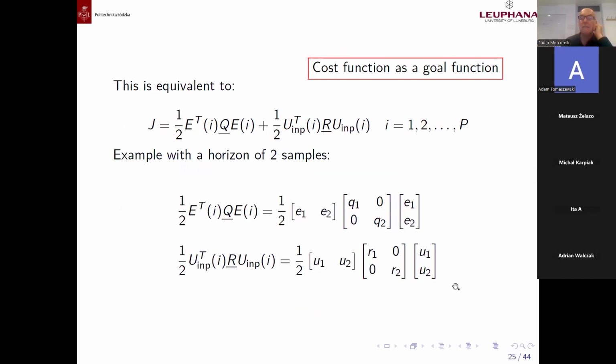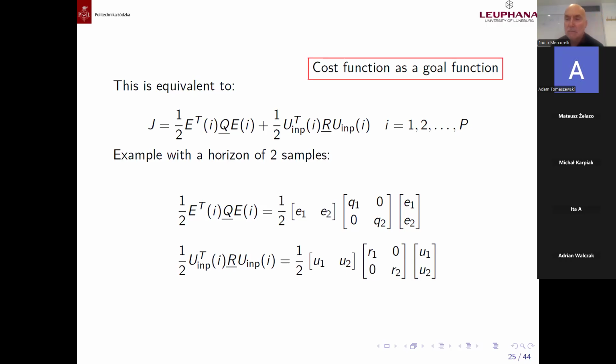Just to understand a little bit better, I put here a system with a horizon of 2 samples. Typically, for instance, Q1 is larger than Q2, but not necessarily. I mean, I am more interested in minimizing the error tomorrow, or tomorrow and then the step after today.